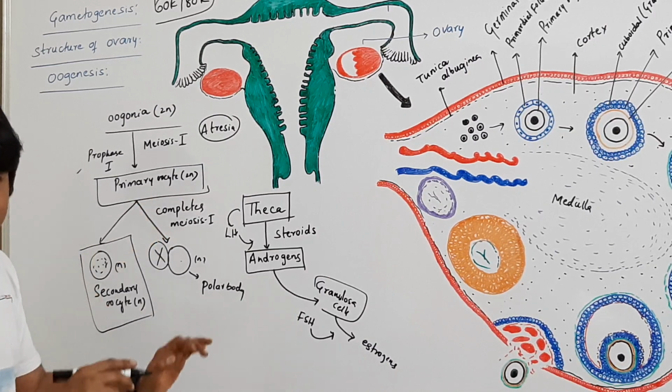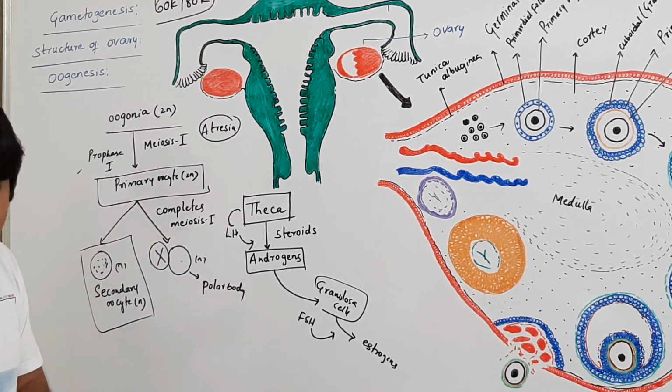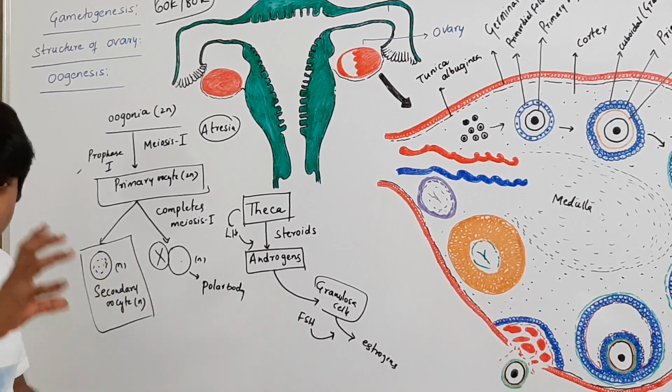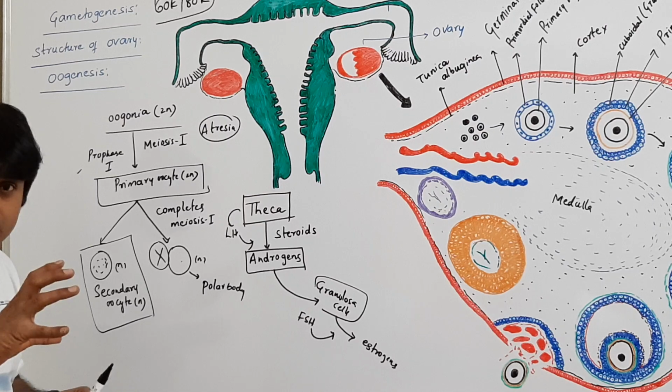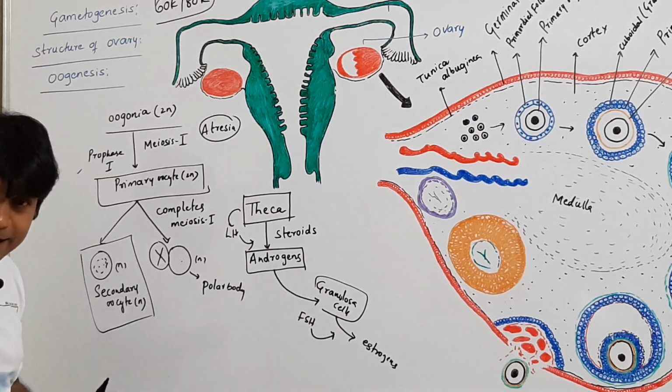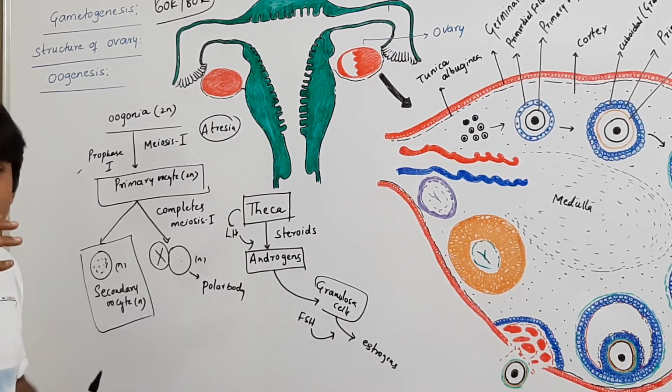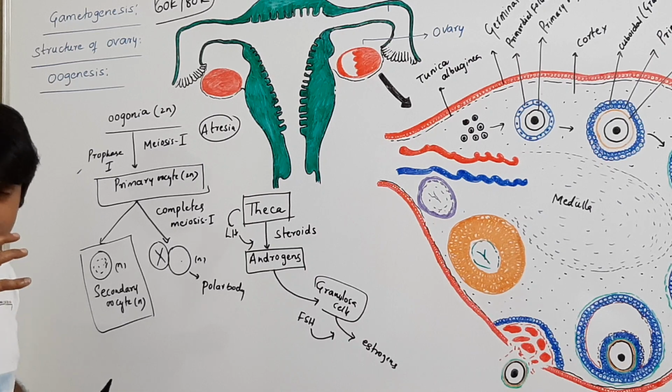This is how spermatogenesis differs from oogenesis. Because of this, the ovum is only one, and it is many times bigger in size when compared to the male gamete called sperm.